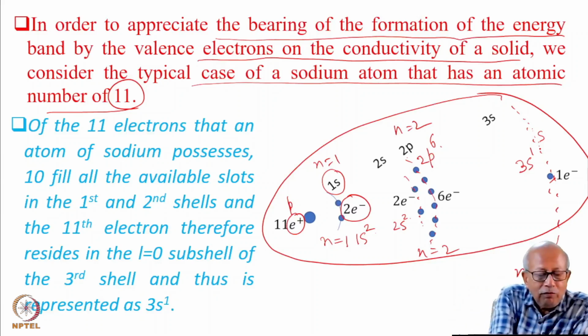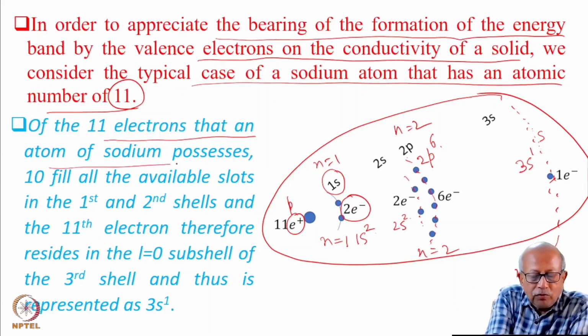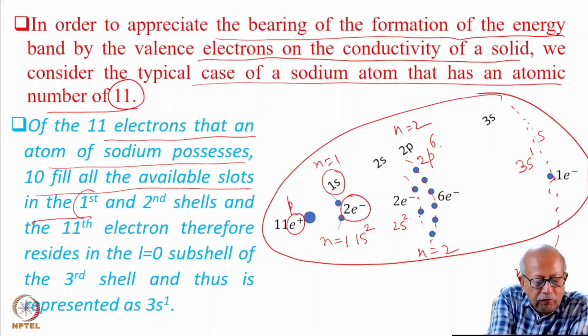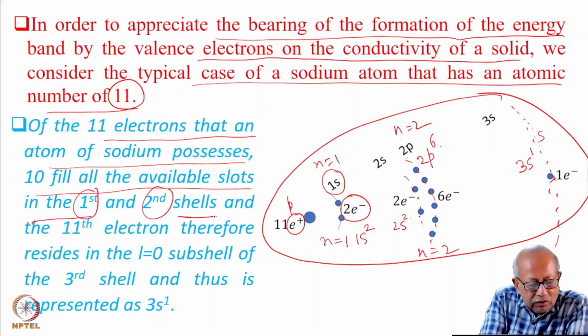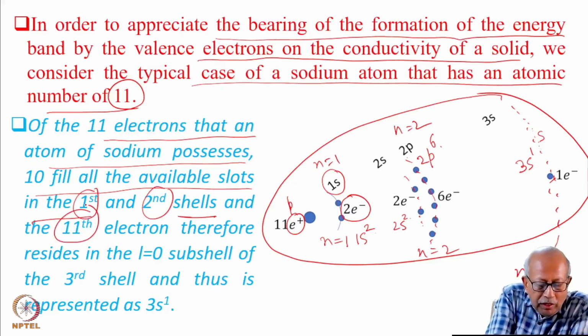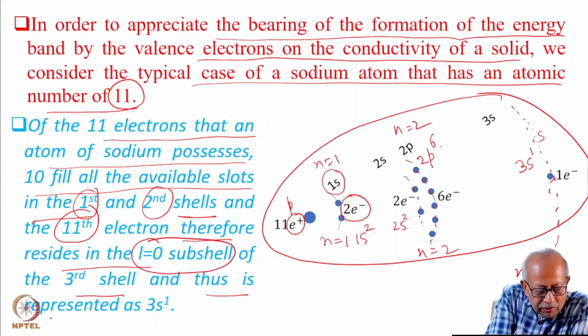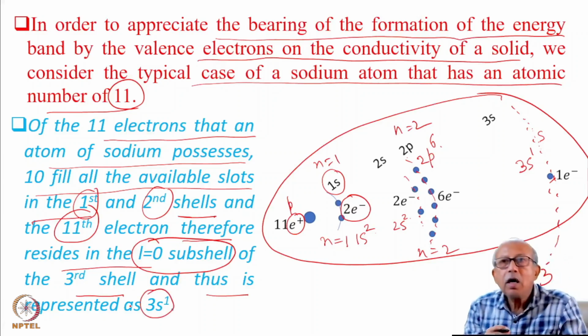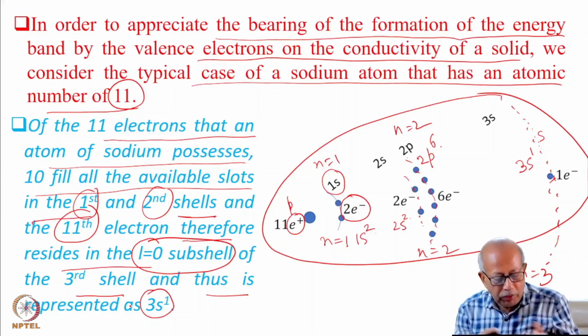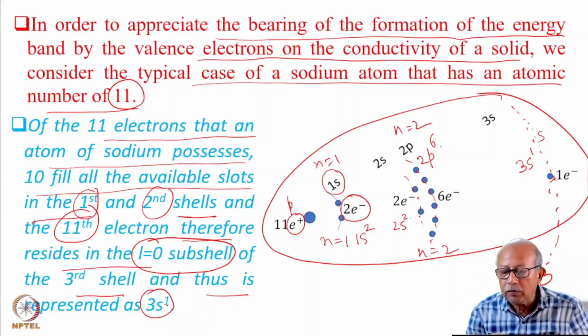So of the 11 electrons that an atom of sodium possesses, 10 fill all the available slots in the first and second shells. And the 11th electron therefore resides in the L equal to 0 subshell of the third shell, and thus is represented as 3s1, and it actually is half full because two electrons can go.